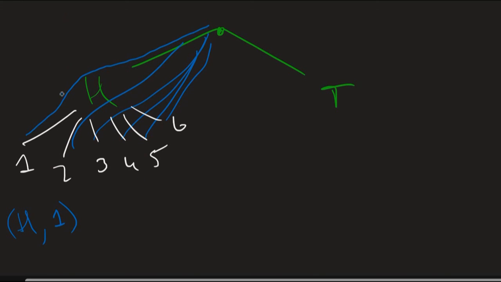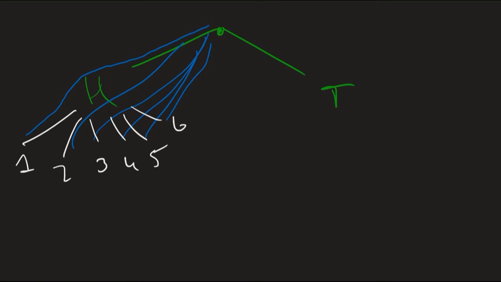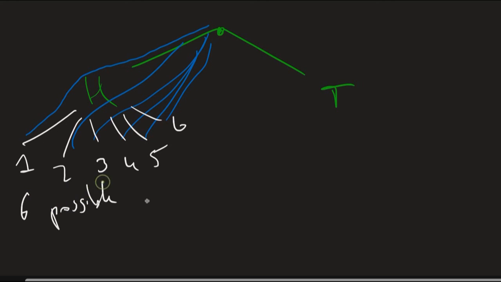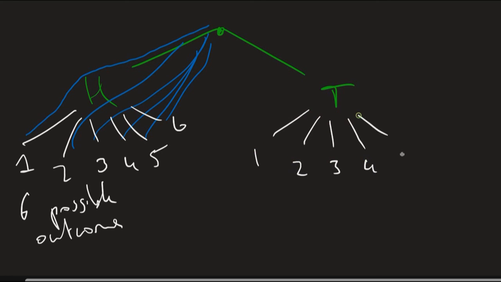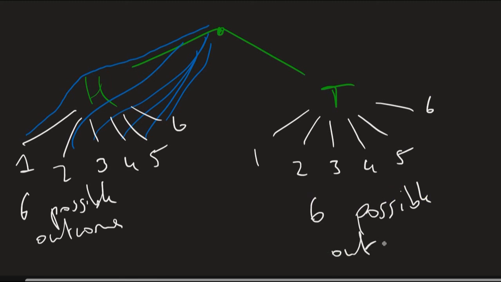So on this side, there are 6 possible outcomes. And then on the tails side, where the coin flip leads to tails, there's going to be again 6 possible outcomes for the dice. So altogether, there's going to be 12 possible outcomes.